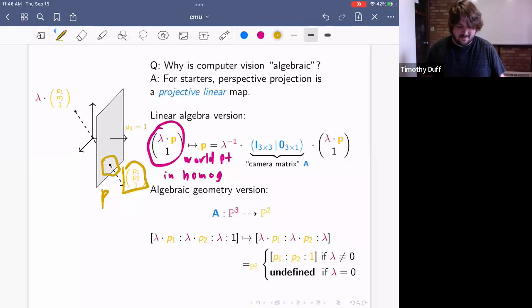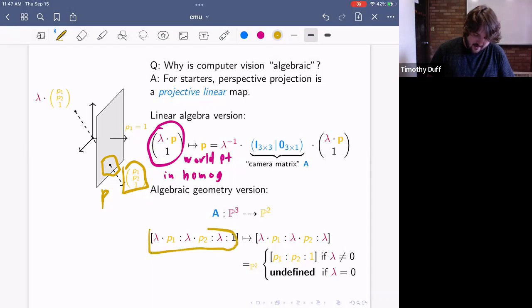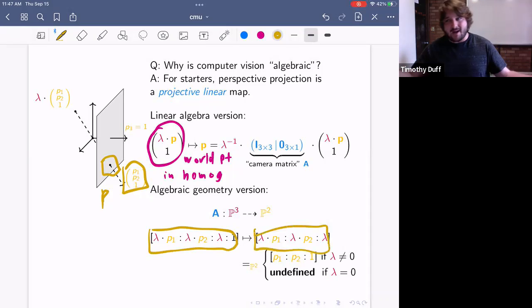Okay, so the punchline of this is that we have a way of thinking of the camera in terms of some linear algebraic object. We take a point in P3, which I could think of as a 4x1 vector, and think of this as a 3x1 vector, and it's just matrix multiplication.